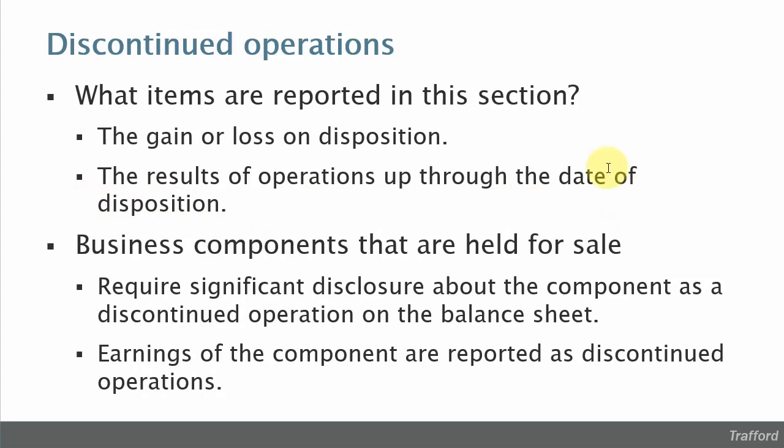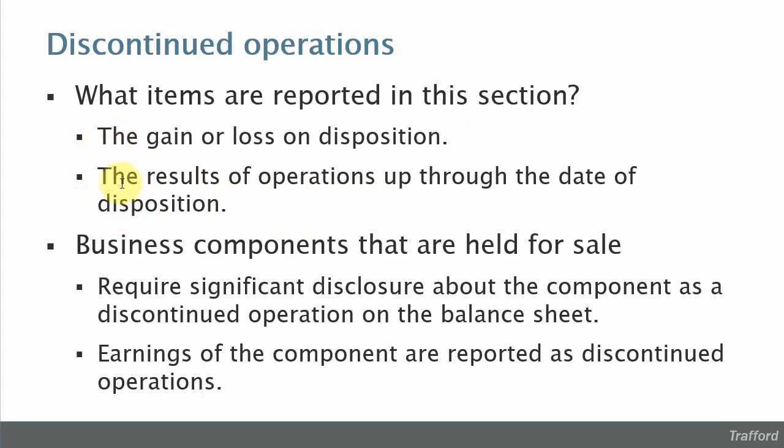In addition, you would separately state any gains or losses on that sale of that business component, so that net income from continuing operations doesn't include either one of these items.